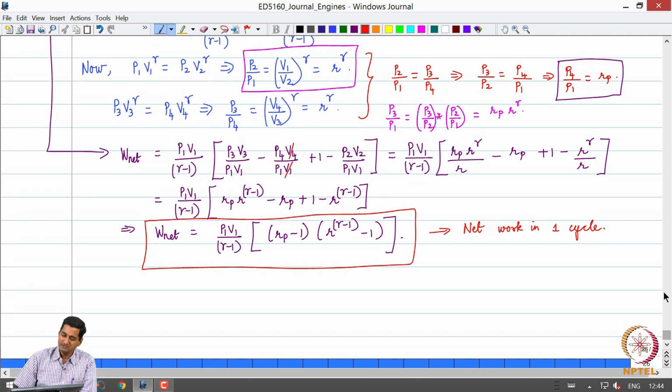So, let us come down. IMEP is going to be equal to the net work done in one cycle divided by displacement volume.